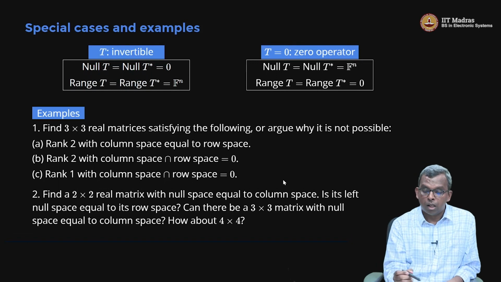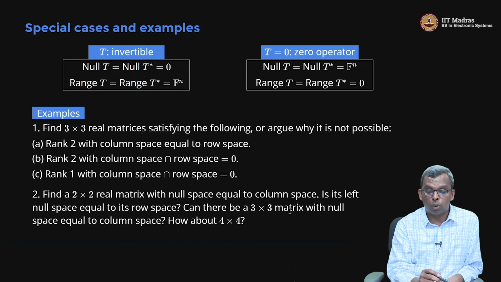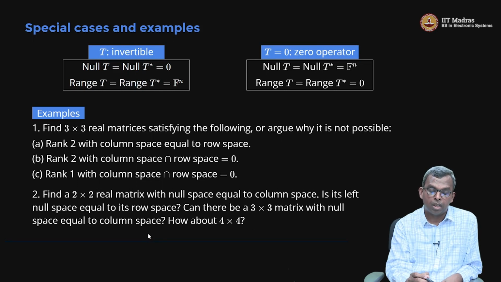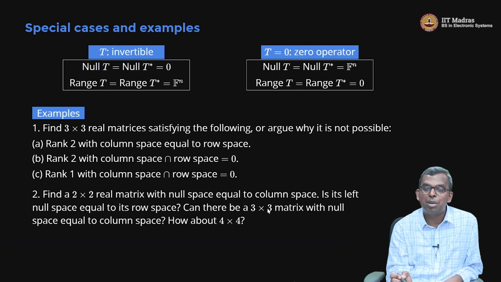Now the question is, can there be a 3 by 3 matrix with null space equal to column space? This is something you have to think about. The null space will have a certain dimension and the column space will have a certain dimension, and if you add the two dimensions you should get 3. Now if the null space is equal to the column space, then the two dimensions are equal. So 2 times the dimension can never be equal to 3.